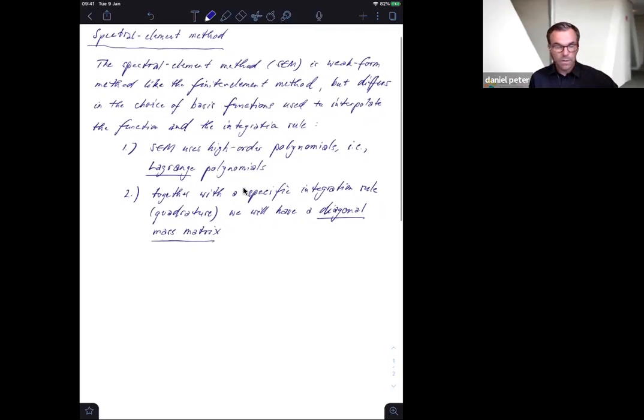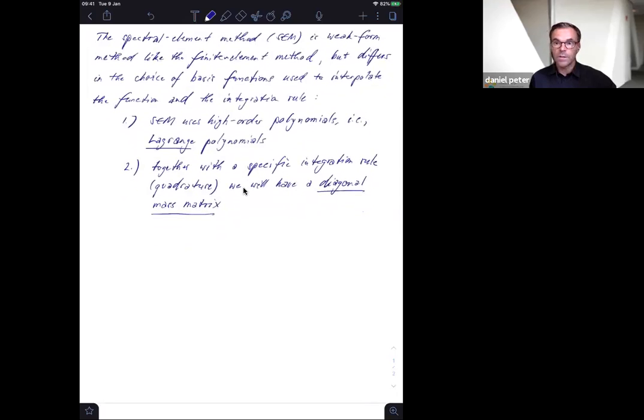So let's start with the weak form. And for that, we will start with our unsteady state heat diffusion equation as a little example. So the weak form is the first step in a finite element method or spectral element method. This is also called the variational statement.